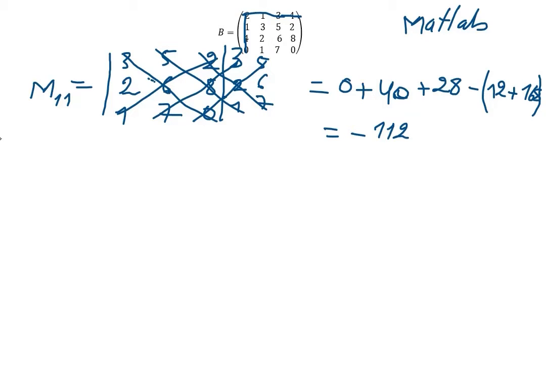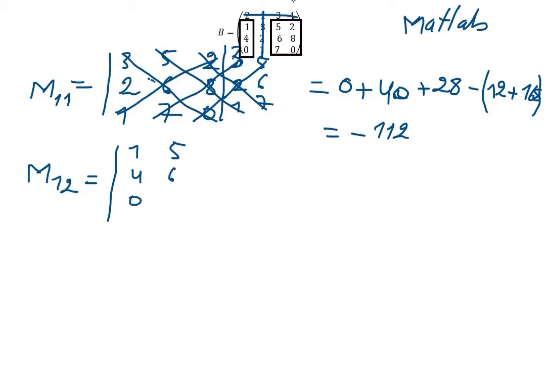And when we take M12, it is equal to the determinant of the matrix where we now remove the row and column of this entry. The remaining will be 1, 4, 0, and 5, 6, 7, and 2, 8, 0.